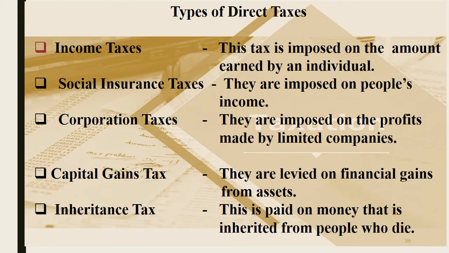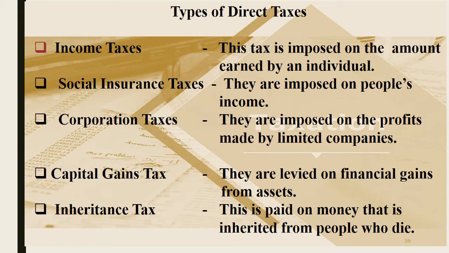Social insurance taxes means the tax imposed on people's income that can be used for pensions and healthcare. Corporation taxes means the tax imposed on profits made by limited companies, as opposed to partnerships and sole traders.